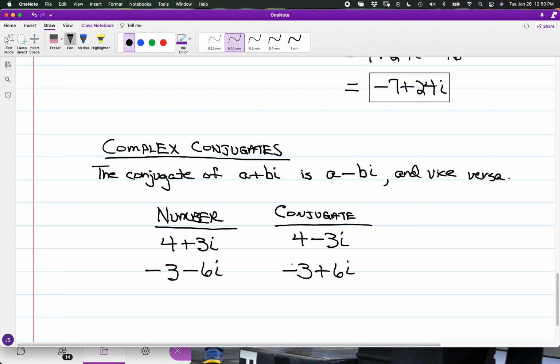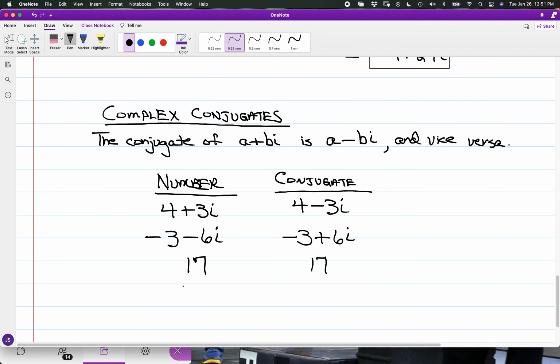So we have a conjugate relation, and if I have the number 17, i is not attached, so 17 is the a element, and the a element in the original number is going to be the very same in the conjugate. So 17 leads to 17.